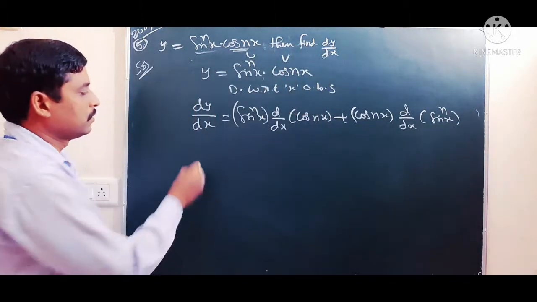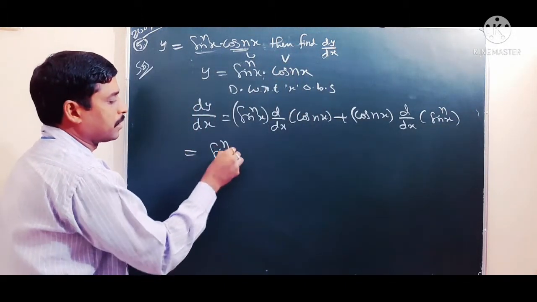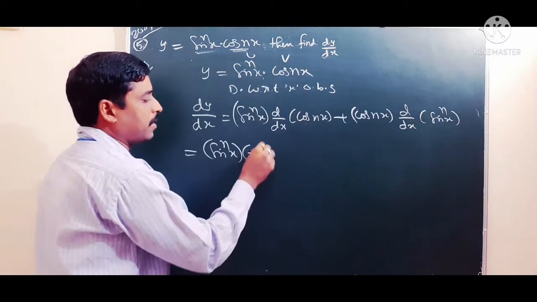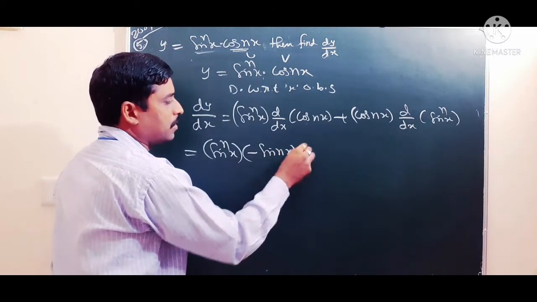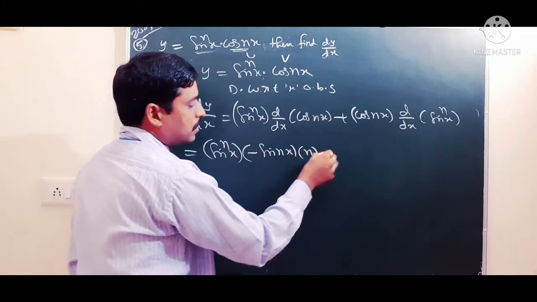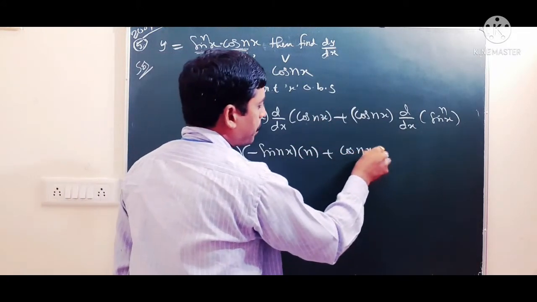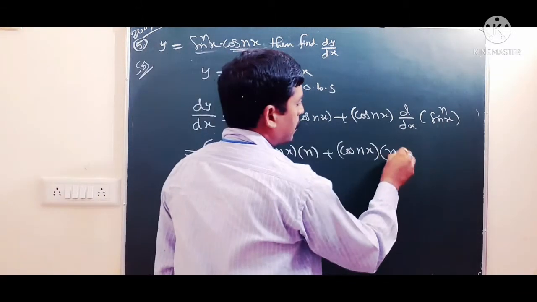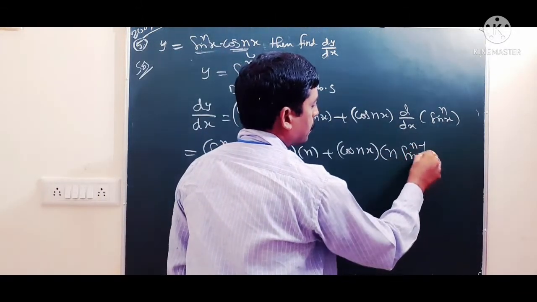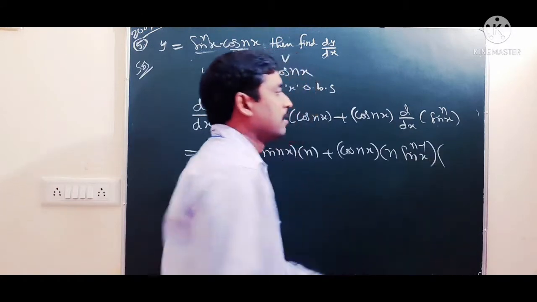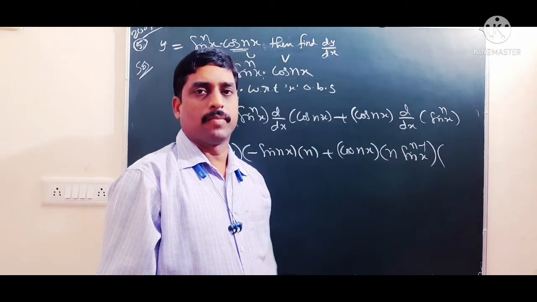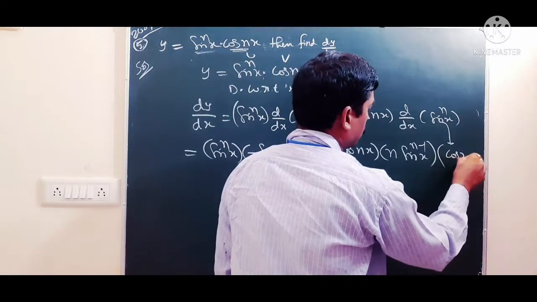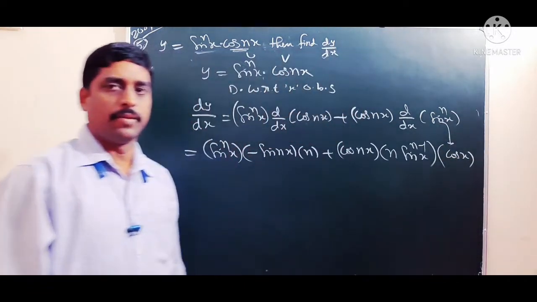Now sin to the power n x into the differentiation of cos nx, we get minus sin nx into n, plus cos nx into the differentiation of sin to the power n x, which is n into sin power n minus 1 x, but the differentiation of sin x is cos x by the chain rule.